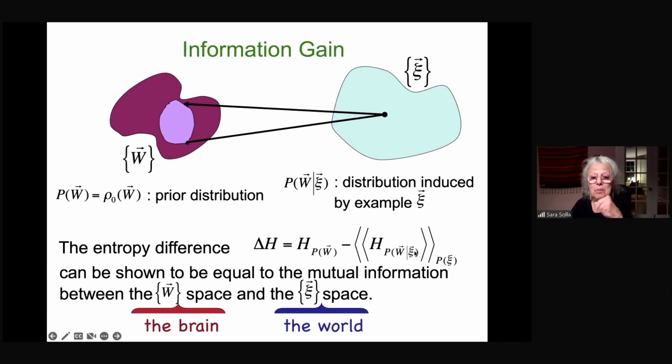So this is a gain in entropy, right? Because this delta H is positive. The entropy that I start with is larger than the entropy I end with. This quantity can be shown to be equal to the mutual information between W space, which is the space of the brain or the space of your model, and psi space, which is the space of the world that is sending you examples of the task that you are supposed to learn.